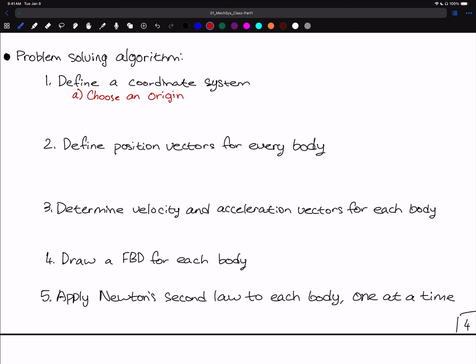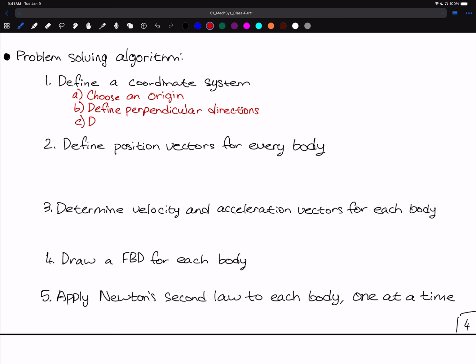So the second step for defining a coordinate system is to define perpendicular directions. You'll generally use your standard Cartesian coordinates, but there might be times where a polar coordinate system or normal and tangential coordinate system are necessary and useful.